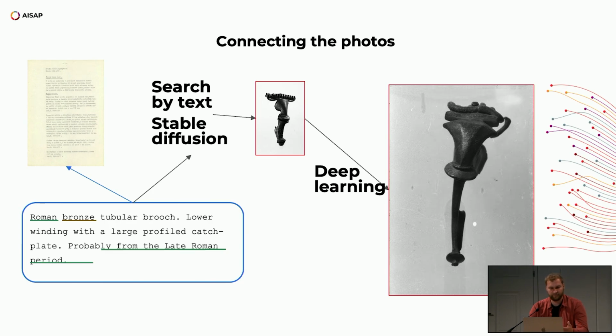If we put some paragraphs from the fieldwork reports into this algorithm, it will search for images that this paragraph describes. Also, we can retrain our own models and make a stable diffusion model, so we can generate a probable image from the text that we are looking for, and then search with this generated image for other images that are related to this brochure.